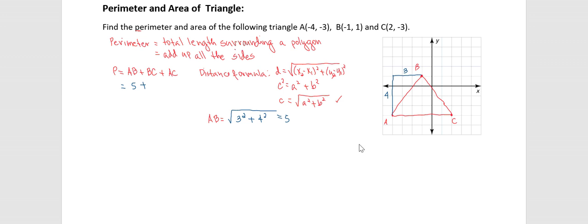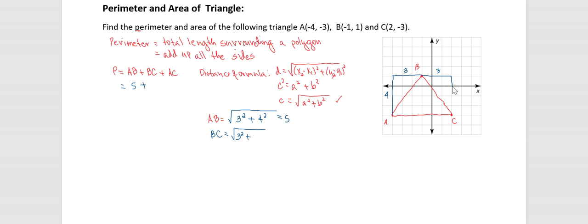And then for the length of side BC, starting from point B, we move 1, 2, 3 units right. So that is also 3 squared under the radical sign.